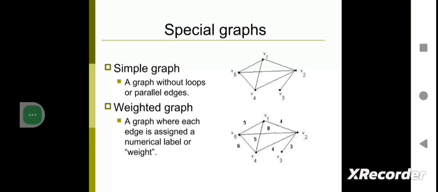Next, special graphs. First one, simple graph. A graph without loops or parallel edges is called a simple graph. Next definition, weighted graph. A graph where each edge is assigned a numerical label or weight.